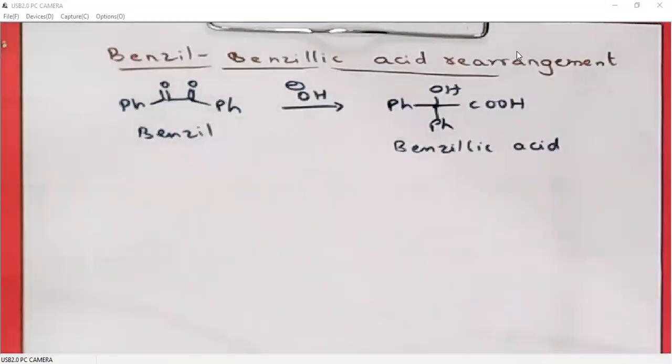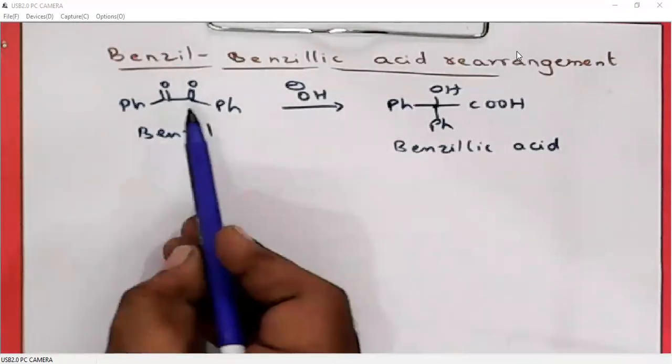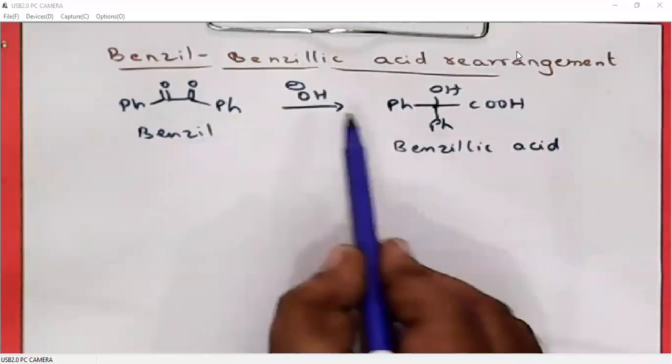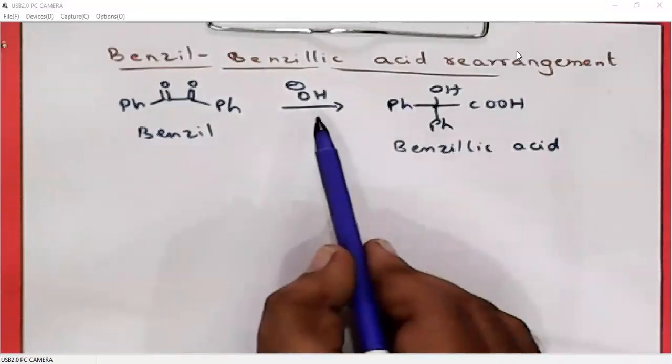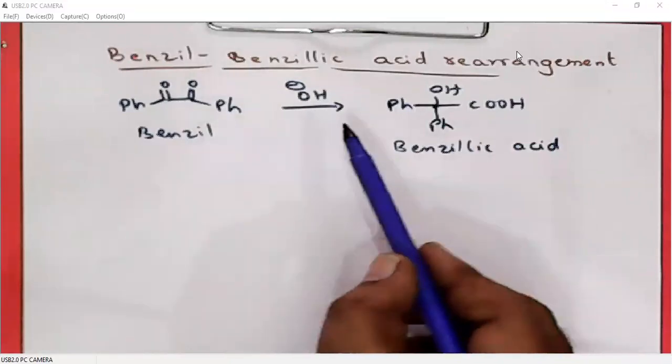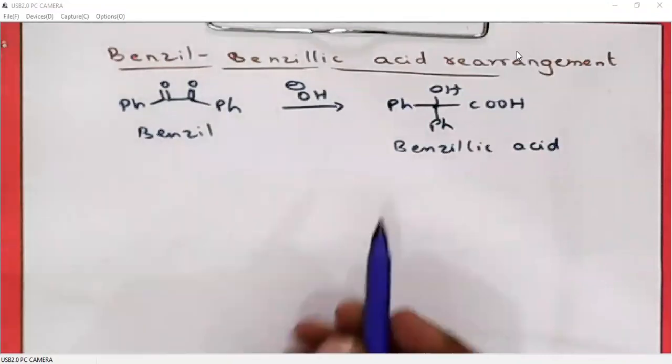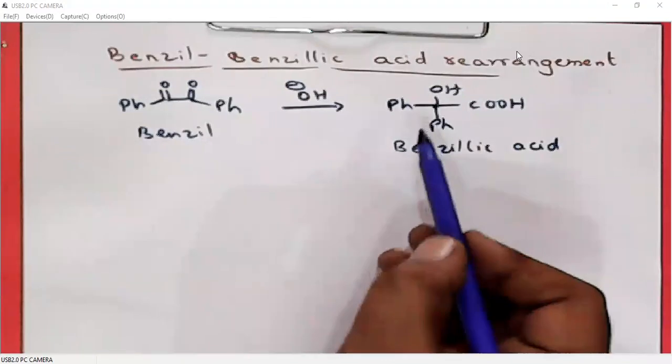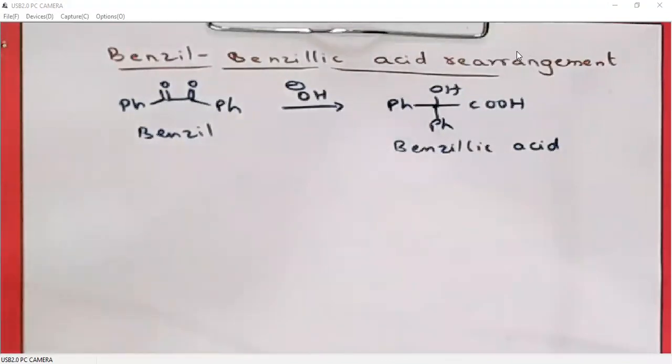So the conversion of benzil to benzilic acid under basic conditions is called benzil benzilic acid rearrangement. So the conversion of 1,2 diketones to alpha hydroxy carboxylic acids under basic conditions is called benzil benzilic acid rearrangement. Here also it is a 1,2 alkyl migration, a 1,2 alkyl shift.